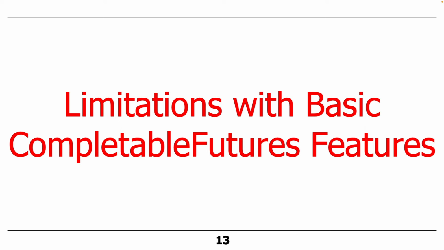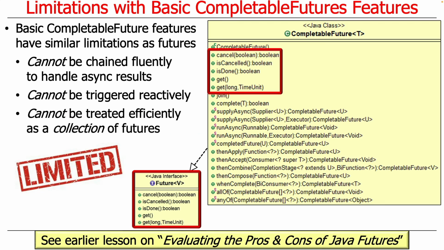Now, that's the example, pretty simple, but sadly there are some limitations with this approach. And the key problems here are that this set of features in completable future don't really address all the limitations we identified earlier with Java future. They only identify a very tiny little thing.